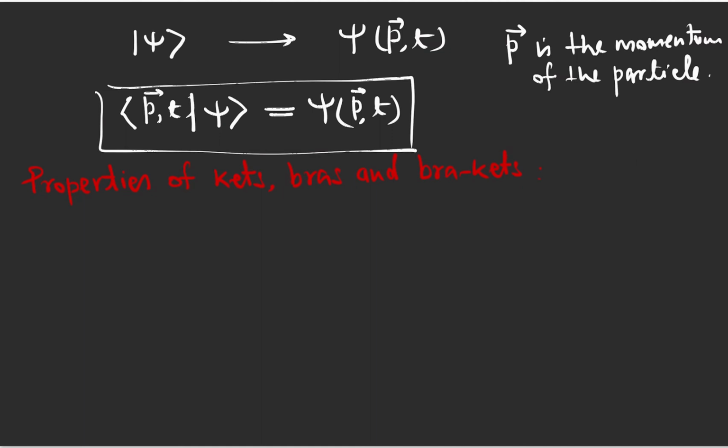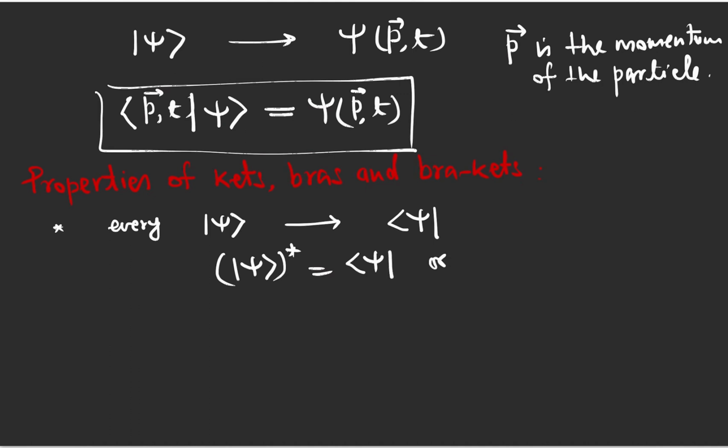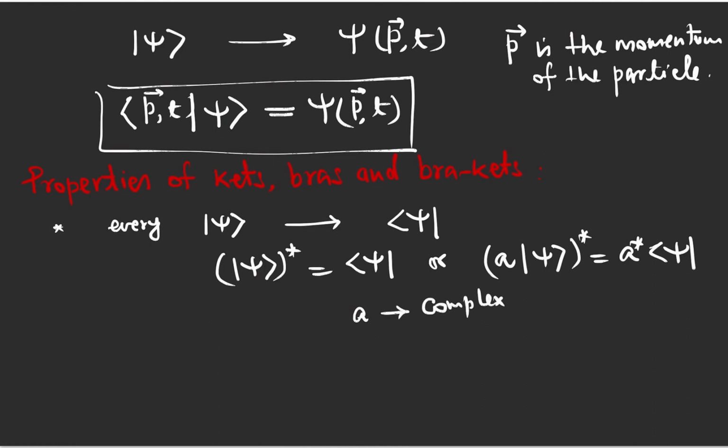So the first important point is that for every ket there exists a bra, that is, ket star is equal to bra, or if a ket psi star is equal to a star bra psi, where a is a complex number, and there is a one-to-one correspondence between bras and kets.